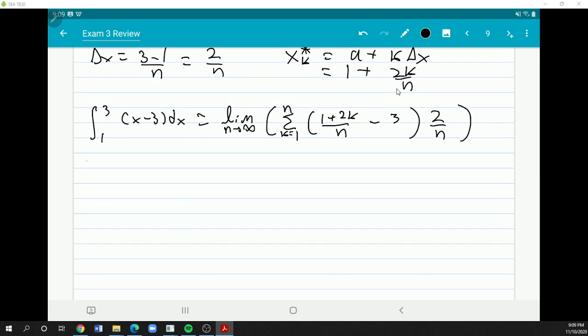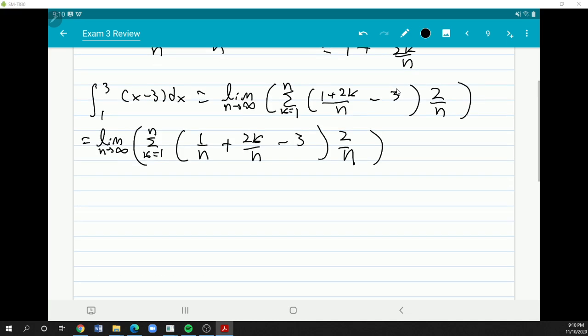Okay, so this is the limit as n goes to infinity of the sum from k equals 1 to n of, moving the 2 over n over, let's wait just a second, 1 over n plus 2k over n minus 3, 2 over n.